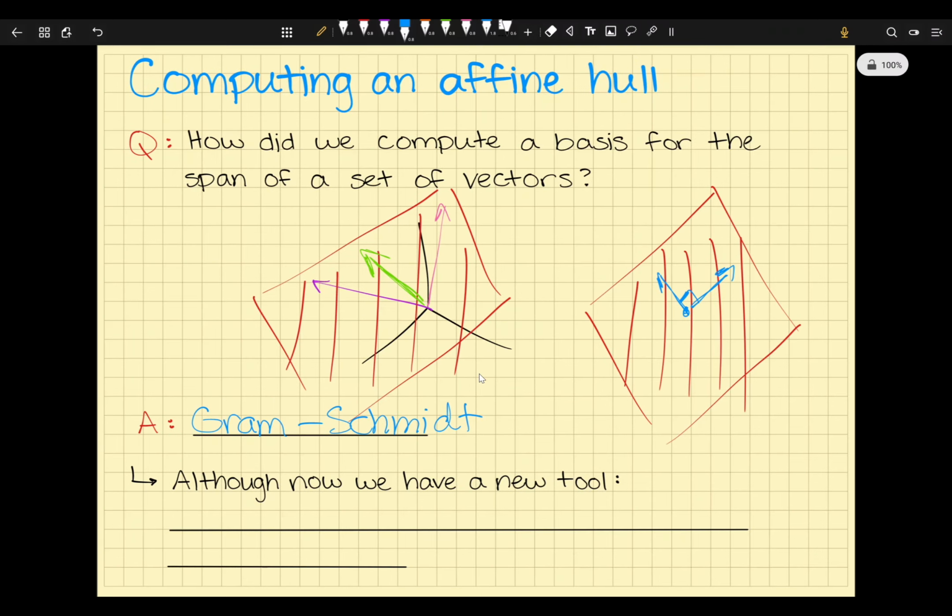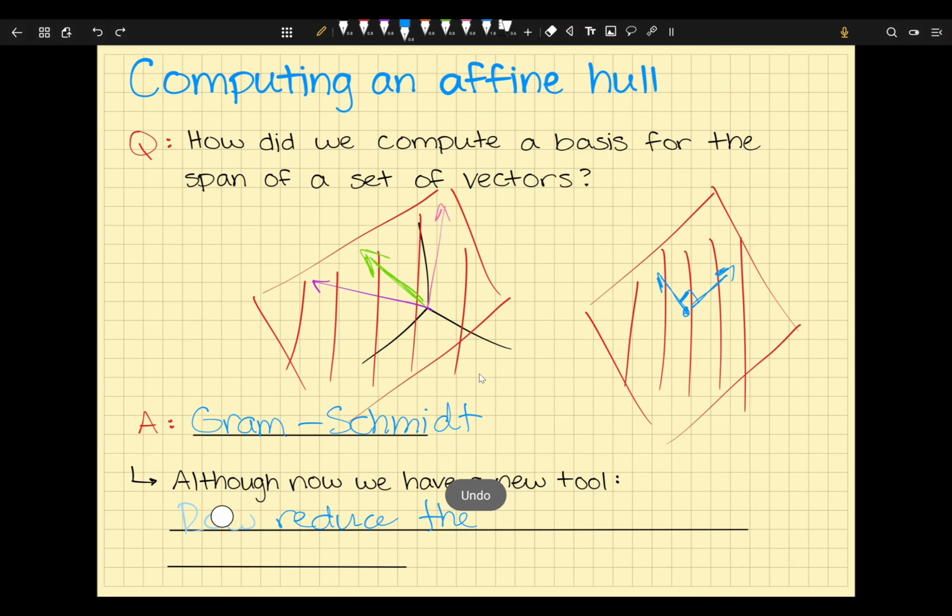And actually, we even picked up a new tool along the way. You can actually do row reduction as well. So we could row reduce the, let's see, how do I want to say this?